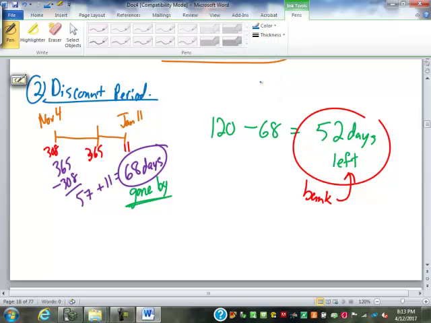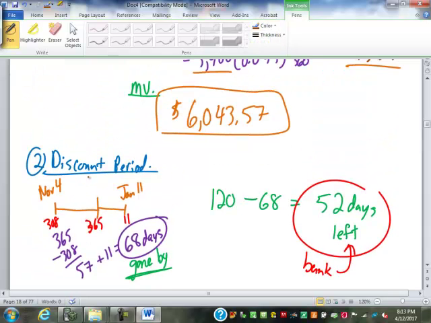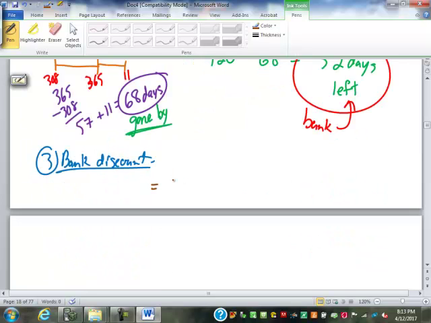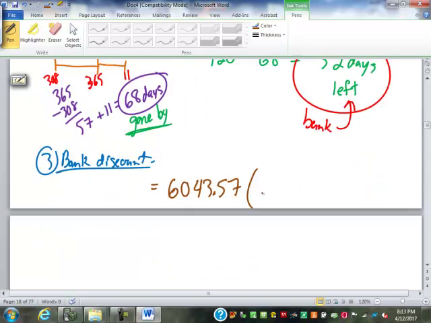Step 3. Find the bank discount, which is going to use the 6043.57. That is the maturity value of the original loan, becomes the face value of the discount note, times the bank's discount rate. 10.6% is 0.106.